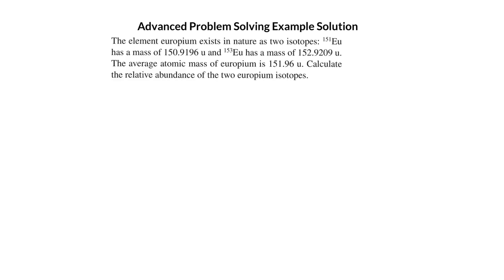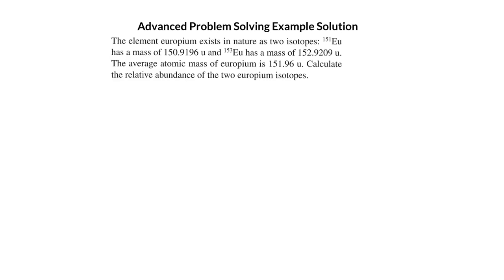Europium-151 has a mass of 150.9196 atomic mass units, and europium-153 has a mass of 152.9209 atomic mass units. The average atomic mass of europium is 151.96 atomic mass units. Here we want to calculate the relative abundances of the two europium isotopes.